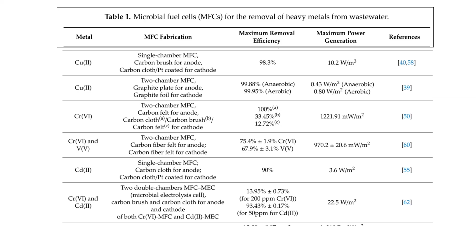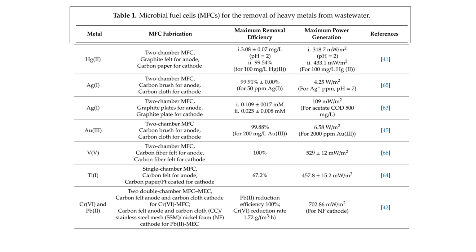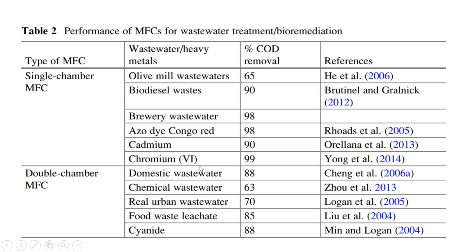The microbial fuel cell can use a wide range of substrates, ranging from simple organic molecules to complex waste. Here we see the removal of heavy metals from wastewater. We have chromium, cobalt, cadmium, and the most common is the reduction of hexavalent chromium to trivalent chromium. We have mercury, lead, and also in this table the wastewater treatment.